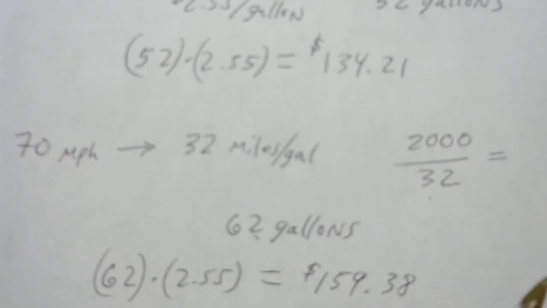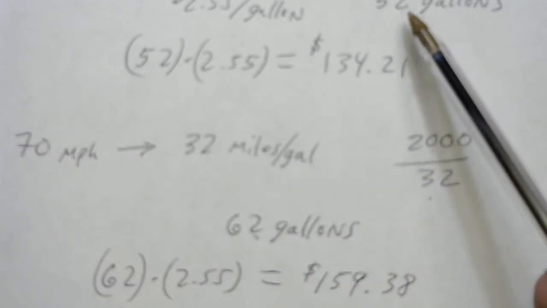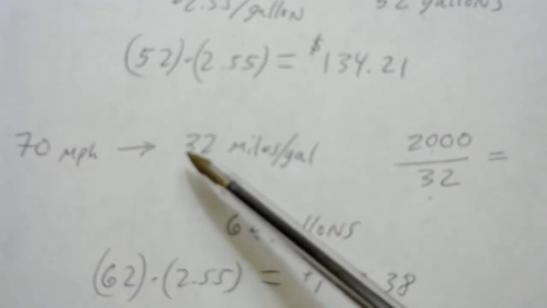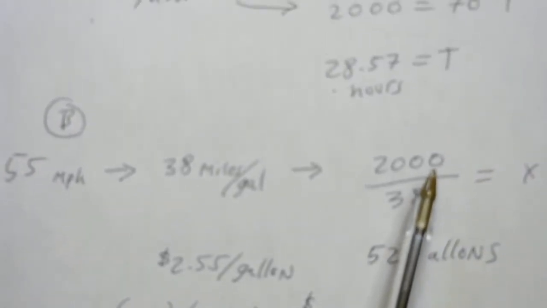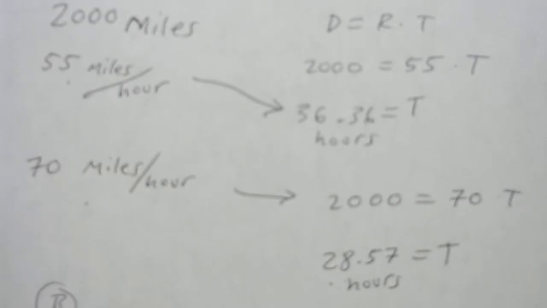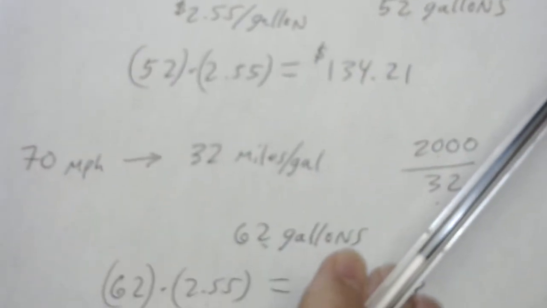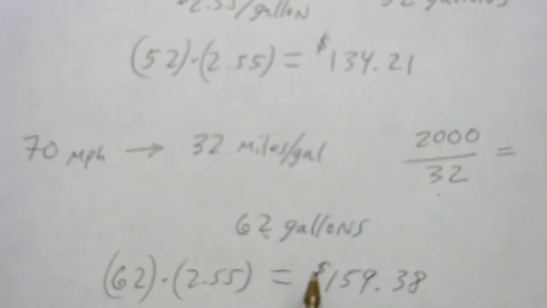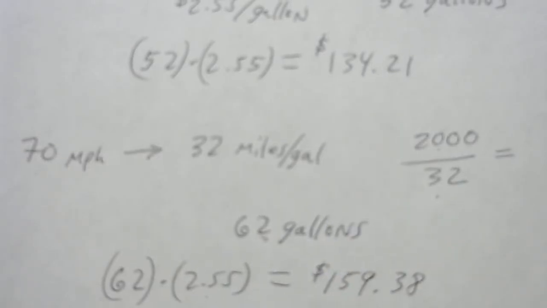Now, certainly these days, gas is a little bit more than this, but at these gas prices, notice if I travel at 70 miles per hour, then if we look back to before, I'm saving about 8 hours of my time. And for that 8 hours of my time, I'm spending about $15 more.